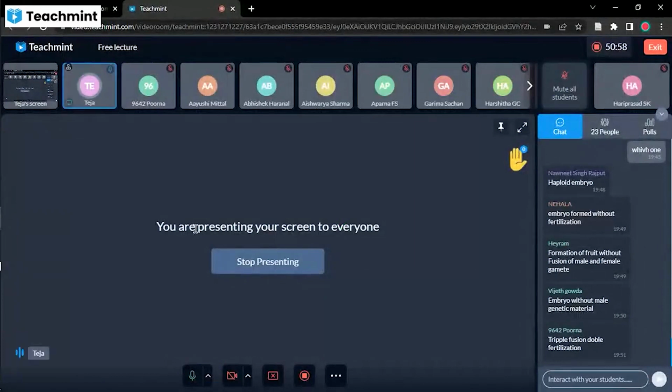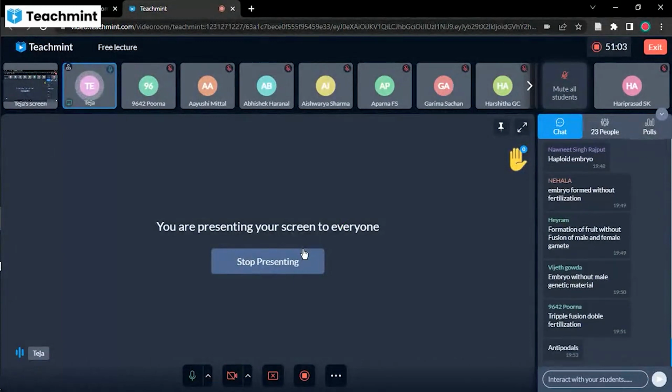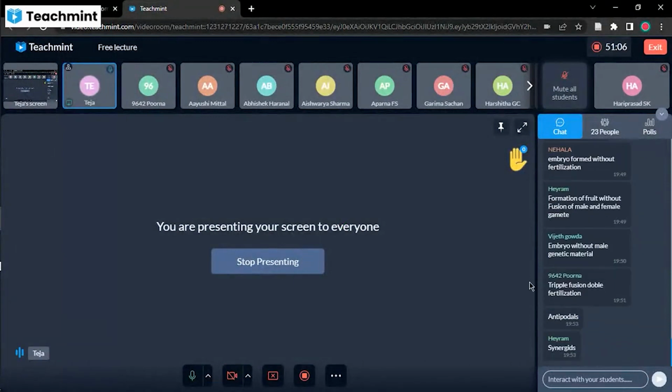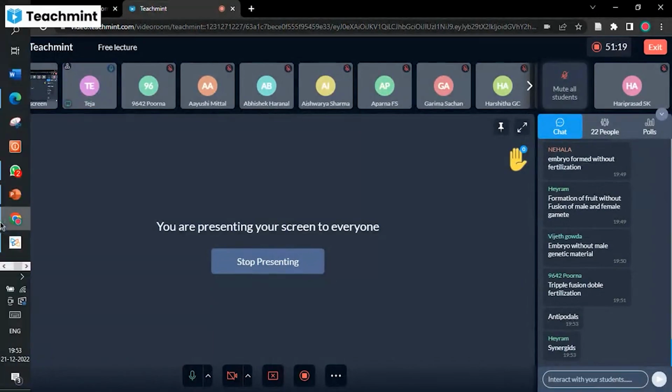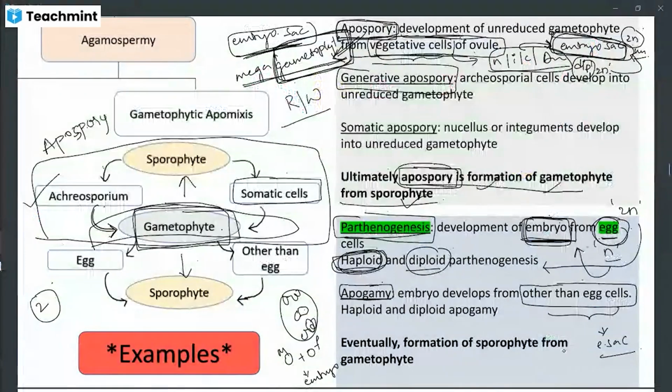Antipodals, synergids, good. And polar nuclei, okay. So if the embryo develops from structures other than the egg cell, such as antipodals and synergids, this is known as your apogamy.